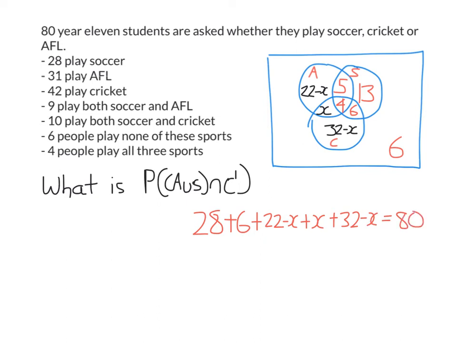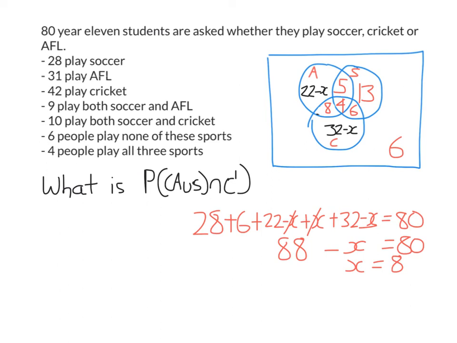So 28 plus 6 plus 22 plus 32 gives me 88. Minus X plus X cancels out, and I've still got a minus X. So I've got 88 minus X equals 80. That means X is equal to 8. So that means that 8 people play both AFL and cricket.